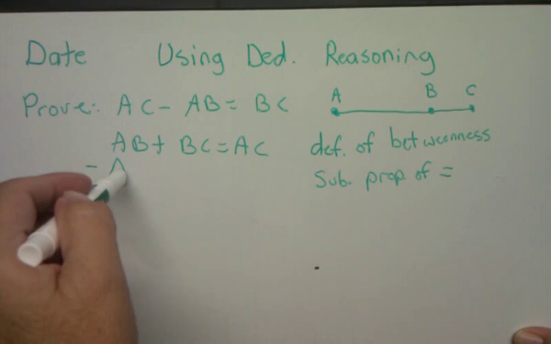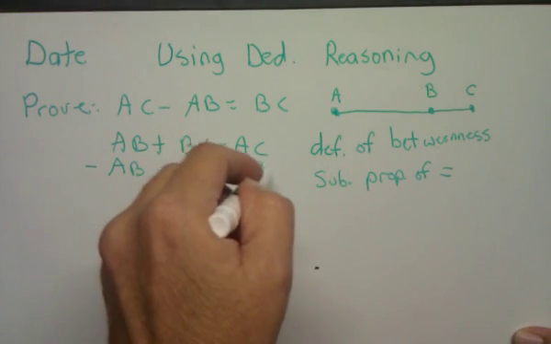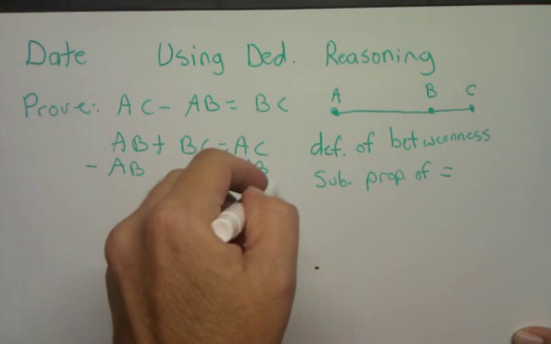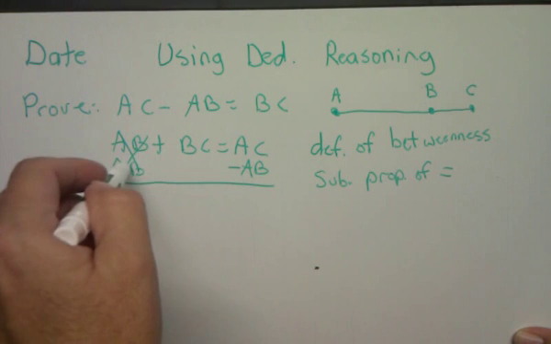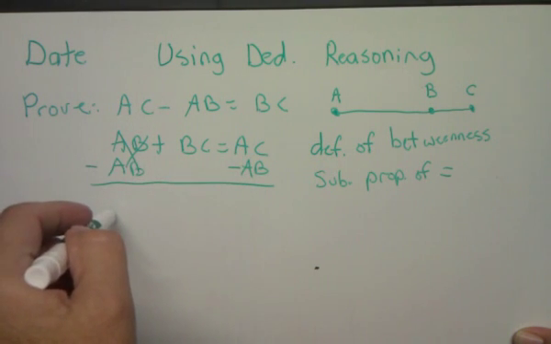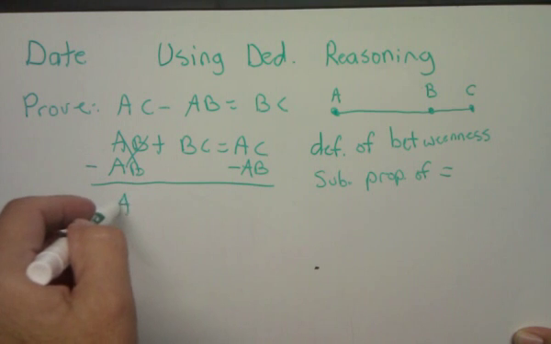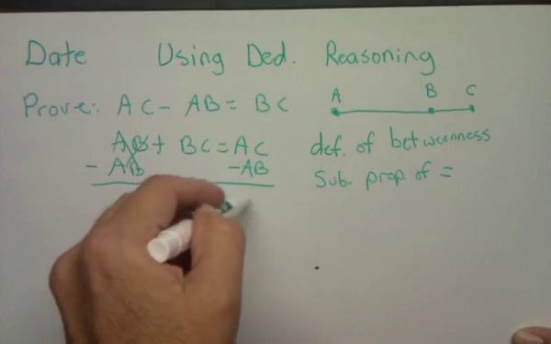If I subtract the same thing from both sides, these cancel out, and I have AC minus AB equals BC.